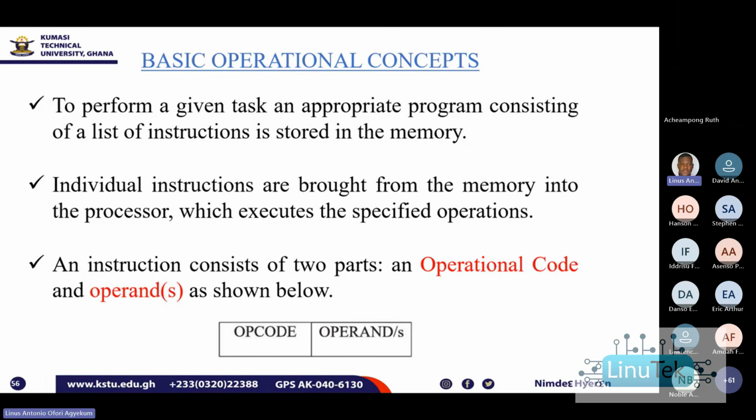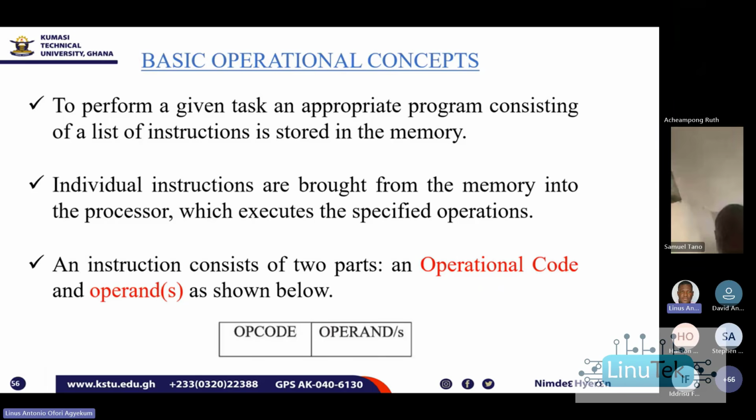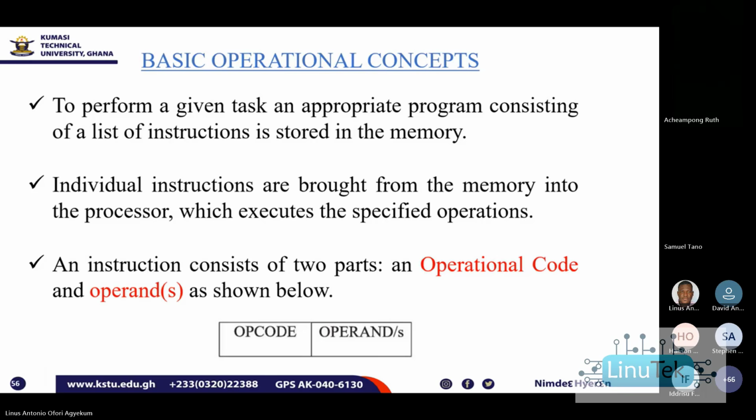One thing you should understand is that every instruction that is executed by the computer consists of two parts. That is the operational code, which we normally call the opcode, and then the operands.